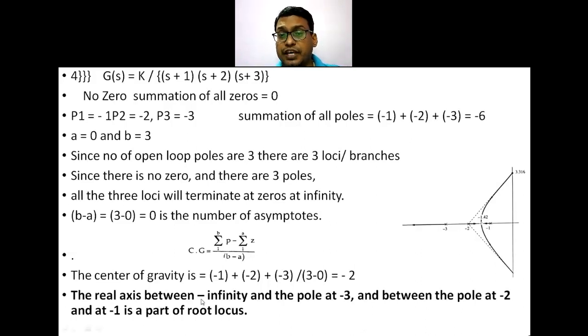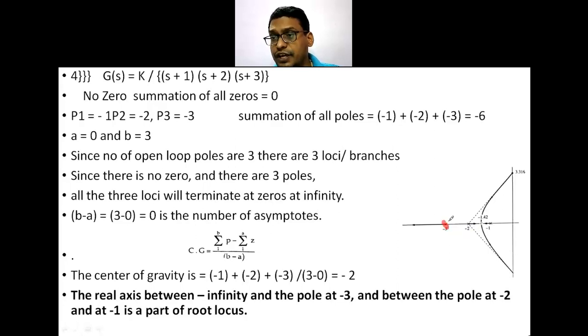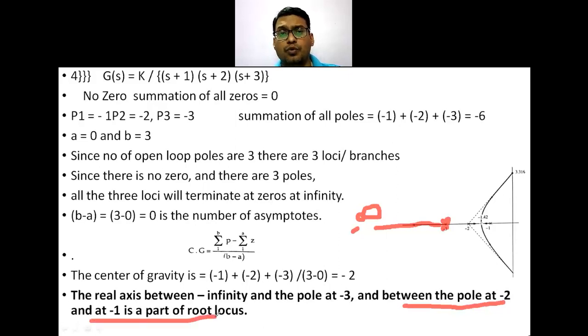The real axis between the pole at -3 and towards minus infinity, this part is a root locus diagram part, and between the poles at -2 and -1 is also a part of the root locus diagram.